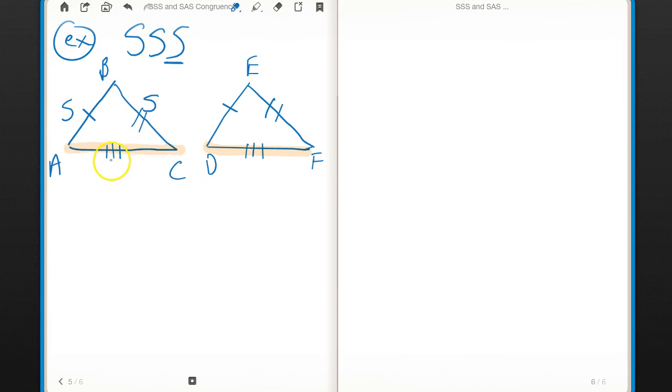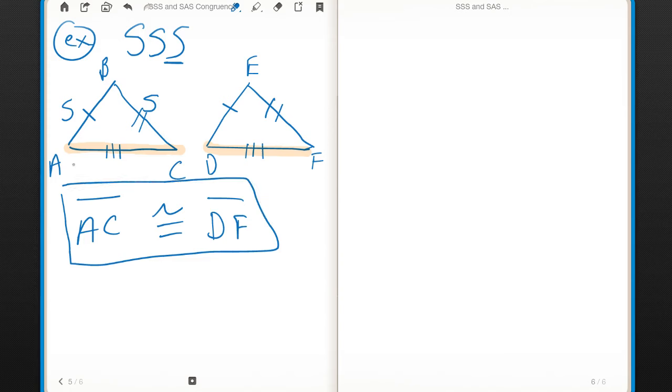So this type of question would be: AC needs to be congruent to this side over here because they're both the bottom and they both have three little sticks. So AC is here. The congruent side over here would be the three sticks, which is DF. If you had this information extra, then those two triangles are congruent.